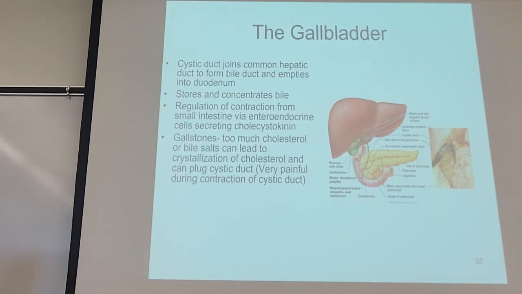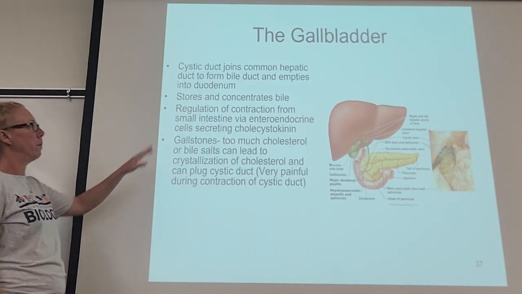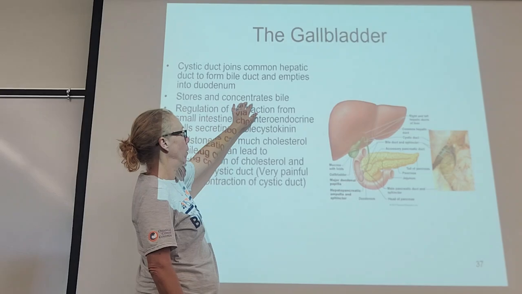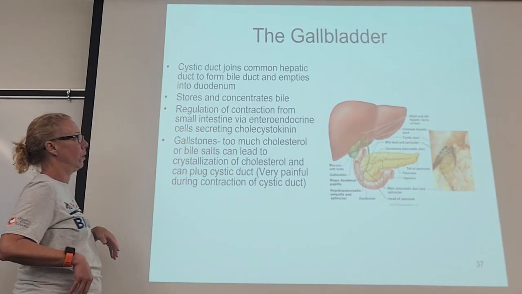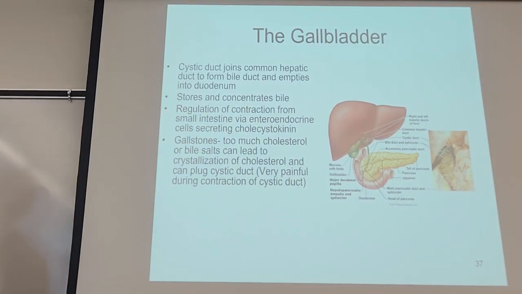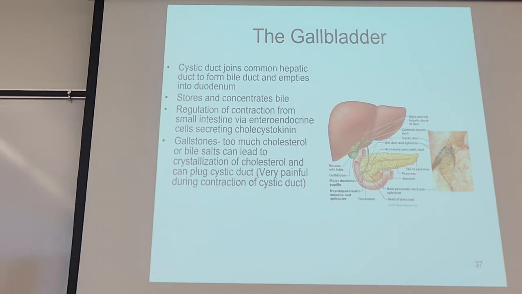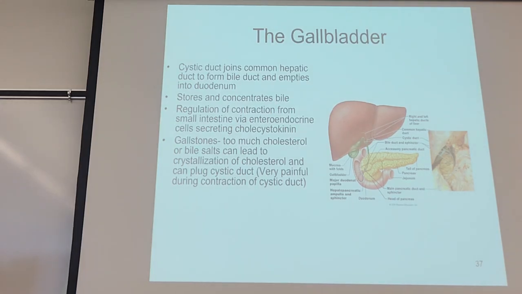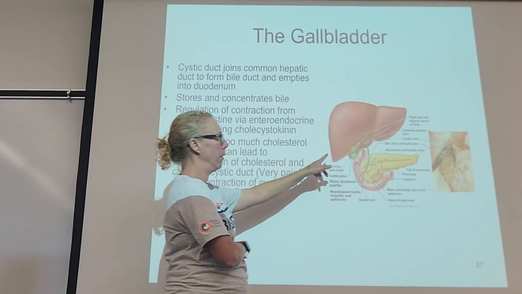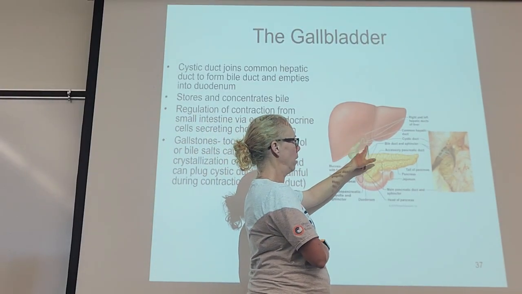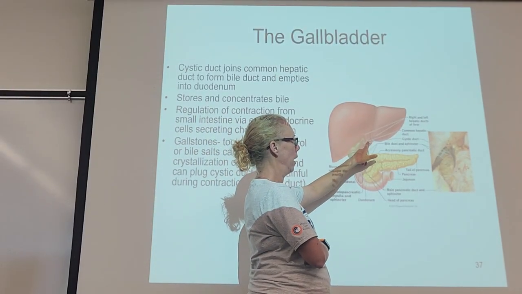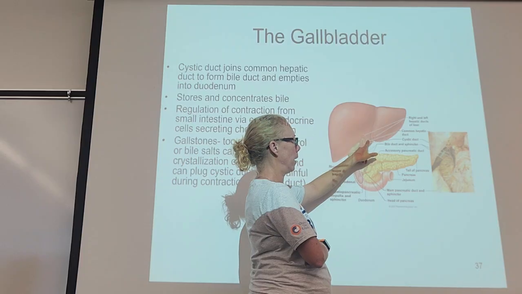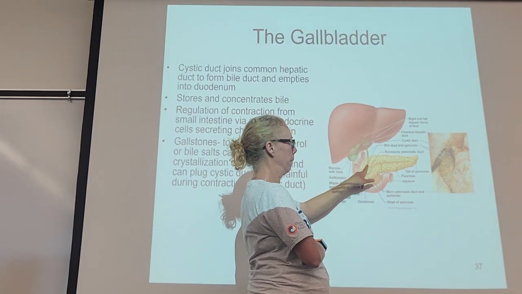Okay, so the gallbladder. We know it stores bile. This is where you can get gallstones if you get a little too much cholesterol. It can be quite painful. Coming straight out of the gallbladder itself is the cystic duct, and it joins up with the common hepatic duct to form what?